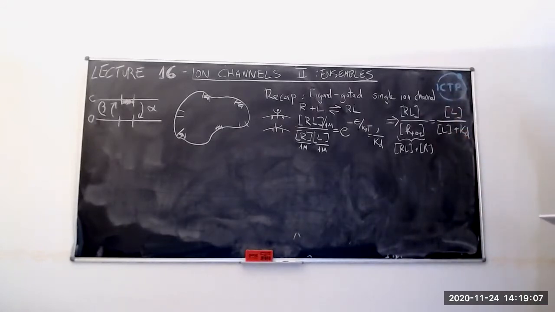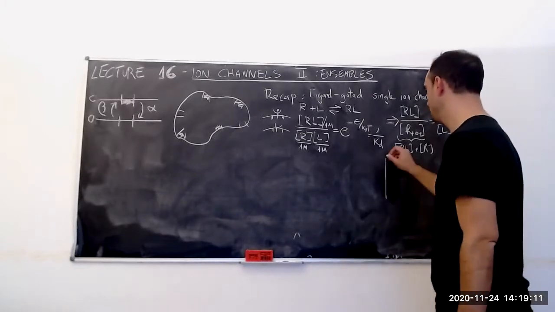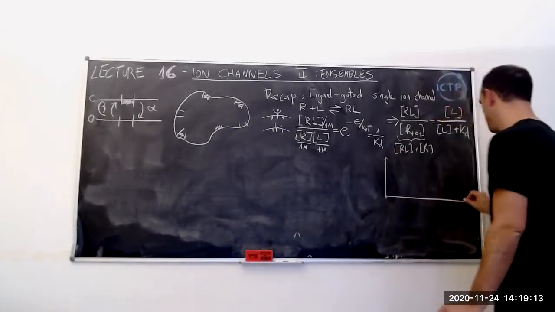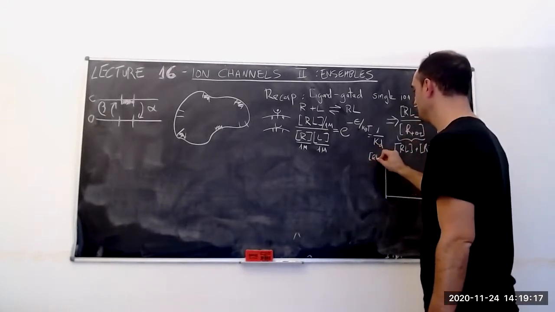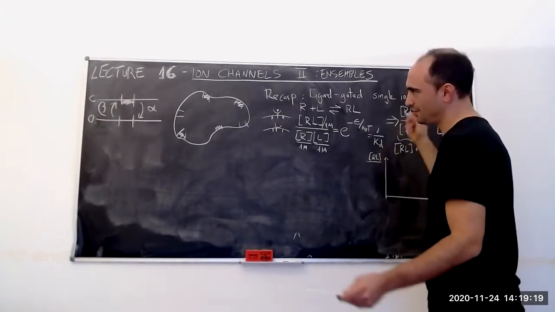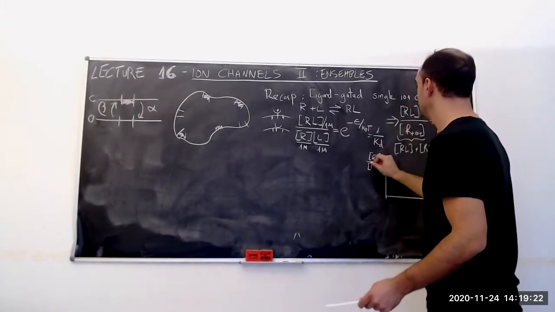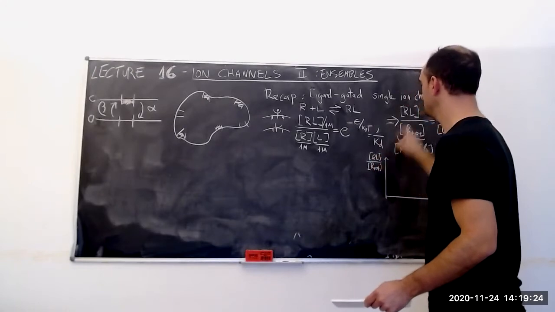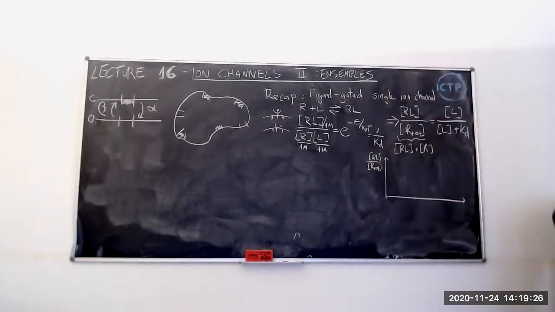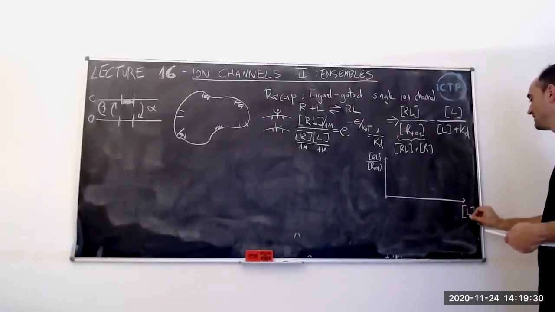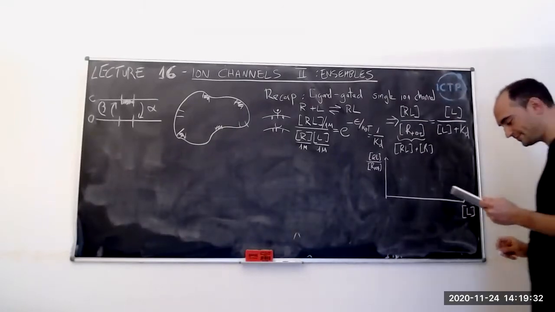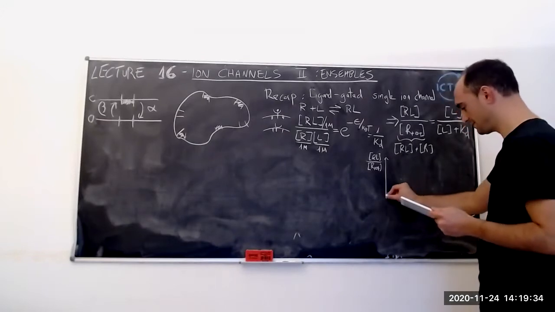So if I plot the fraction of occupied receptors, which is the fraction of open channels in this case, as a function of the ligand concentration, this will be non-linear.